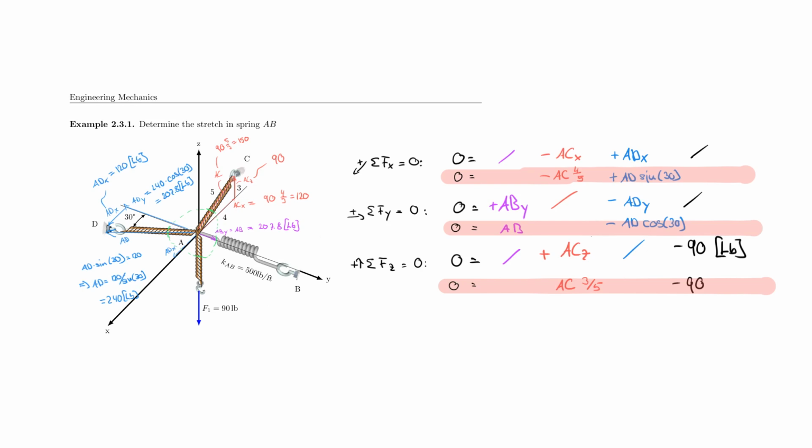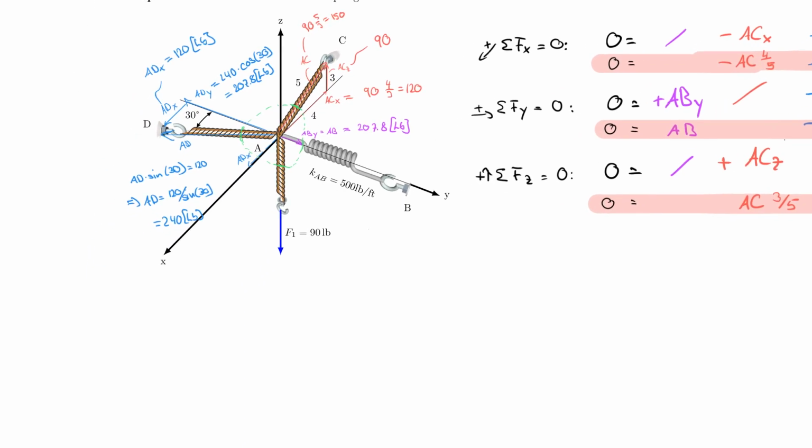So the stretch in the spring, stretch AB, is equal to, I always remember my formula that the force in the spring is equal to K times S. And so S is F over K, right? So what is the force that is acting in that spring?